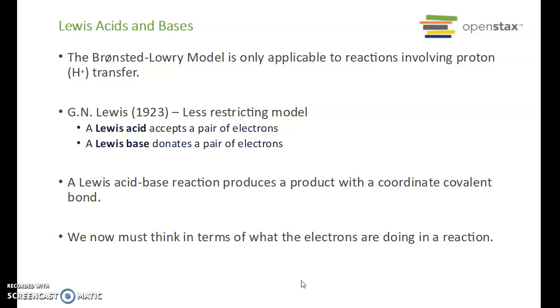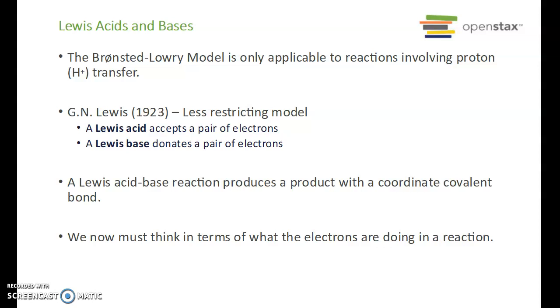We also have another type of acid. The one that we talked about in the prior chapter, the Bronsted-Lowry model, is the one that is most commonly thought of, and that involves proton transfer. But remember way back when we talked about the different models for individual atoms, and we had the Lewis model. The Lewis model of an atom is one in which the electrons in the outermost layer are included as dots around it.